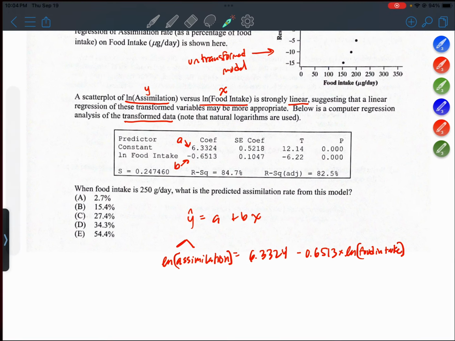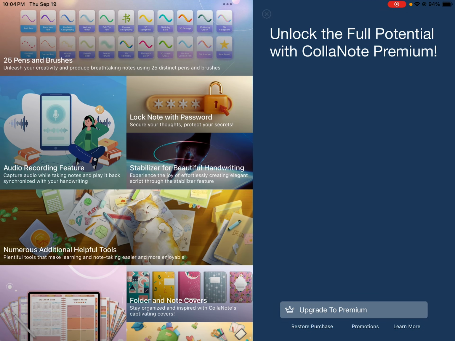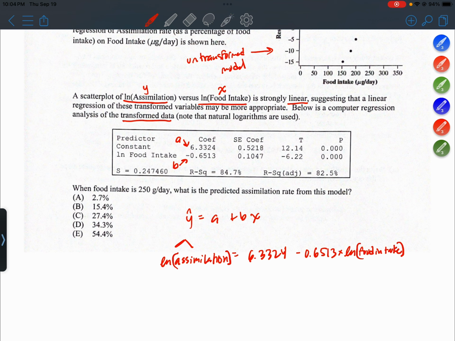So this is equivalent to 250 million micrograms per day. Okay, let's see what happens when we plug that in.